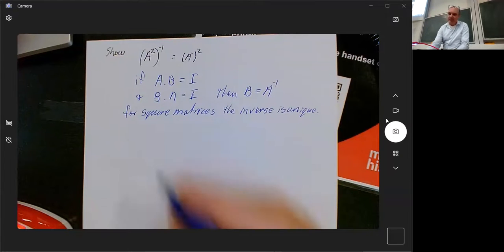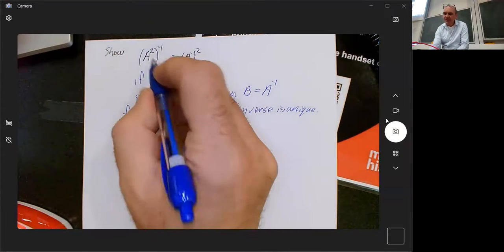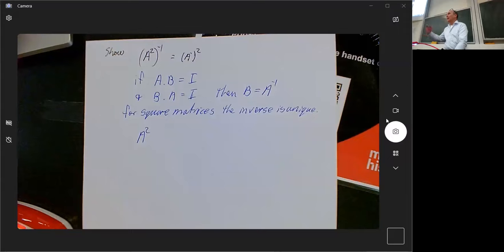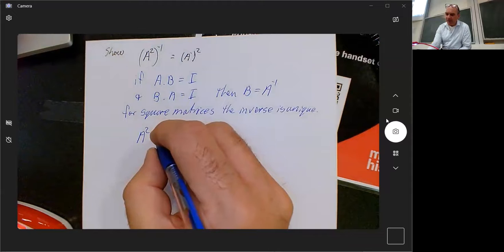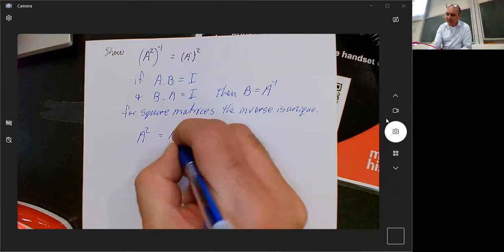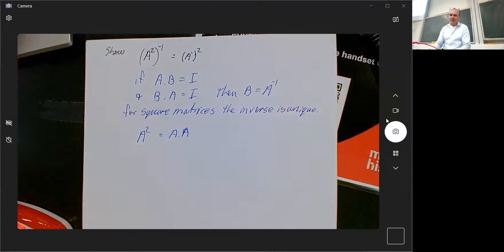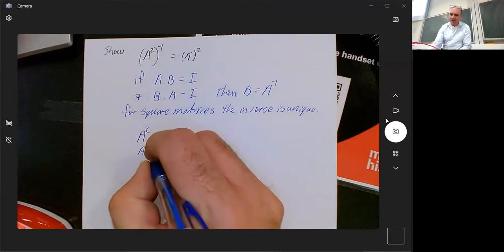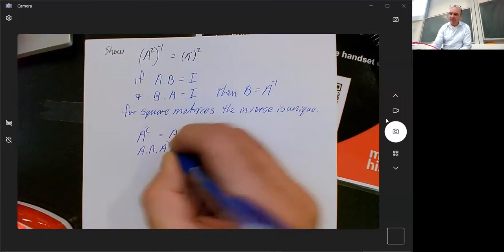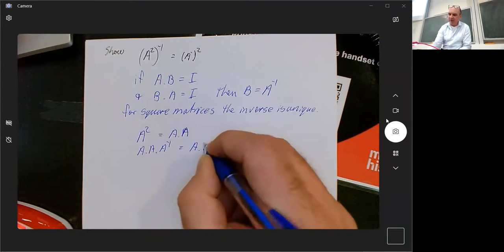If I have A squared, what is the matrix that I multiply A squared by to get the identity? A squared is literally just shorthand for A times A. If I multiply that by A inverse, that gets me A times the identity.